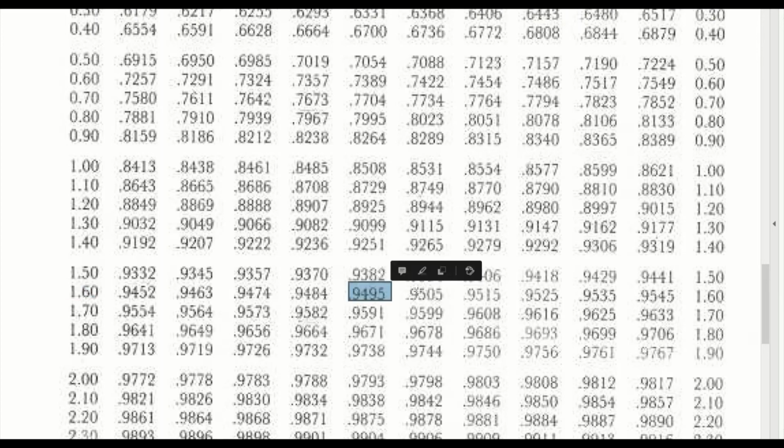This is 64, and this is 65. So either of these two, either 1.64 or 1.65 would do. If you pick 66, it would be too big because that one is a better one. And if you pick 63, it would be too small because this one is a better one. So either 1.64 or 1.65.